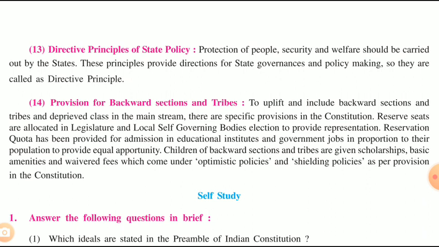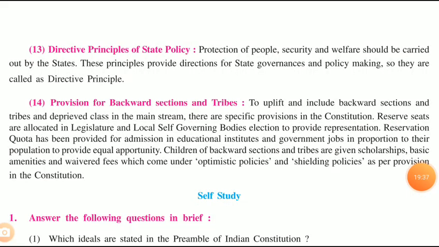So, for the upliftment of the nation, it is compulsory that these backward classes are not neglected. Constitution has given them equal right to prosper and to get a good education, and they are not deprived of any of the fundamental rights that are given to other high levels of the society.